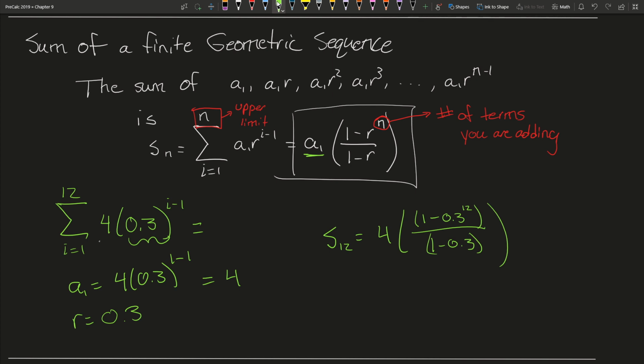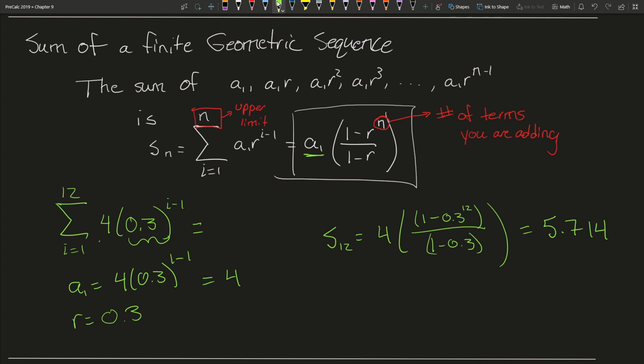When you do that, you get 5.714. That, for the most part, is your homework, just plugging into that equation.